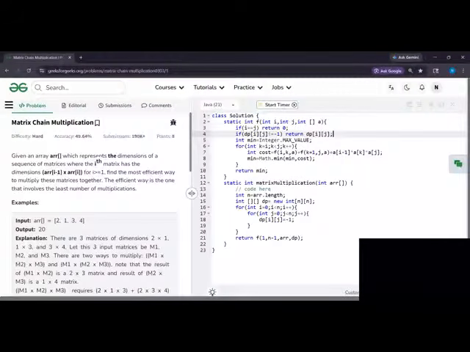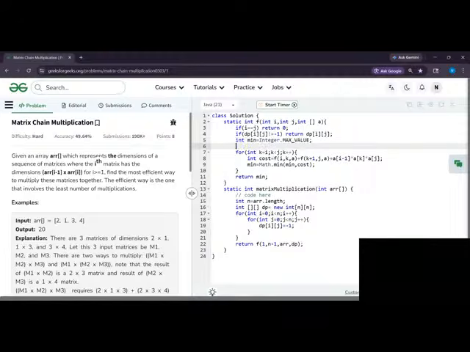Where else do we need to make changes? Everywhere where we are making the function call, because we need to store it, right? Before making the recursive call, if it is already calculated, I am just returning the answer instead of making the recursive call. Here, our for loop will be same.